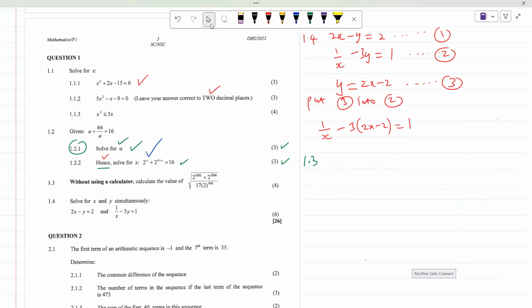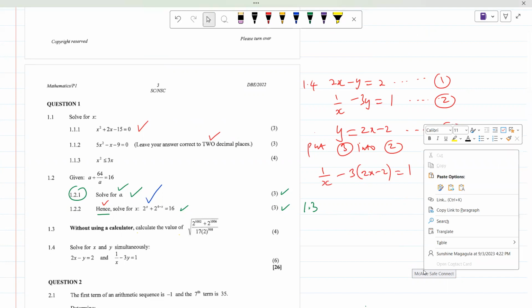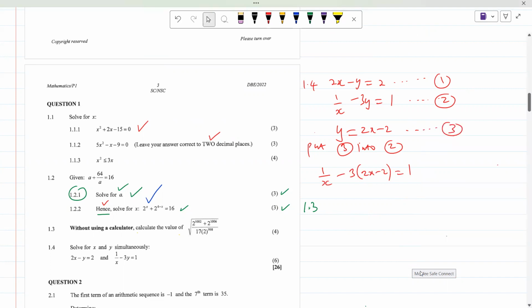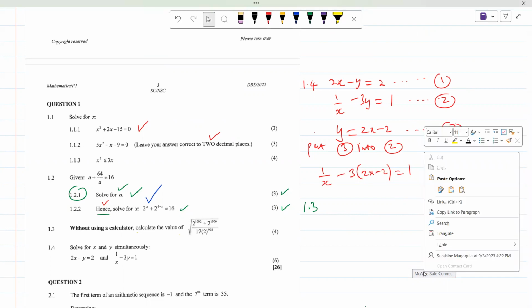I have this mark that is just stuck for some odd reason. Let me see if I can remove it. I'm going to remove this mark. Okay, that's fine.